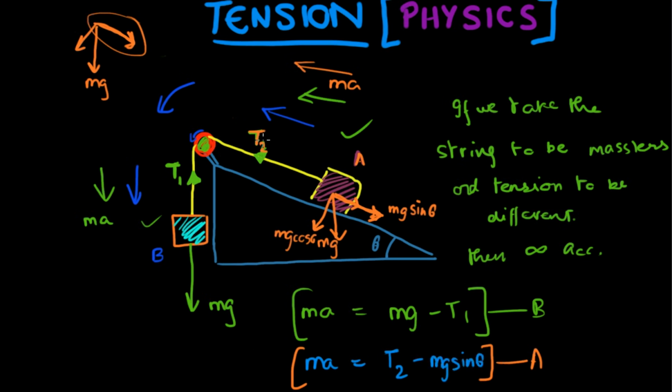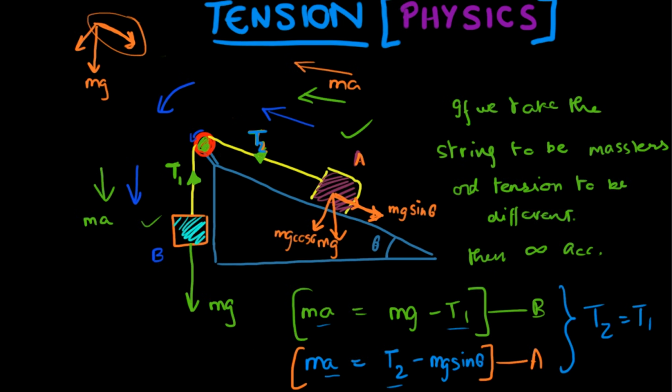That's because T2 is acting over here as it's accelerating in that direction, and mg sine theta is over here and ma is also over there. Now we know that T2 is equal to T1. So if we are given the masses of the two objects, we can calculate the accelerations and the tensions also. So that is the basic introduction to tension. I'll be posting some more questions.